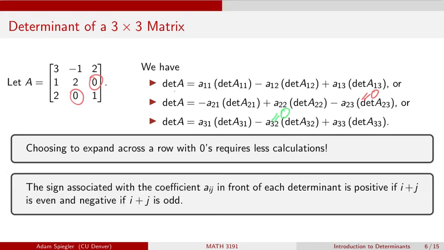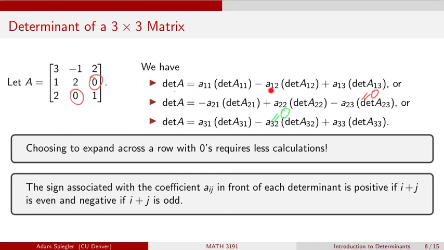The second observation that we want to keep in mind is that we do have some weird pattern going on with the signs, about how we are adding or subtracting different products of entries times the determinant of their submatrix. And what we can see here is that when the sum of the subscripts, so the ith row indicator and the jth column indicator, add up to an even number, we have a plus sign in front of that term.